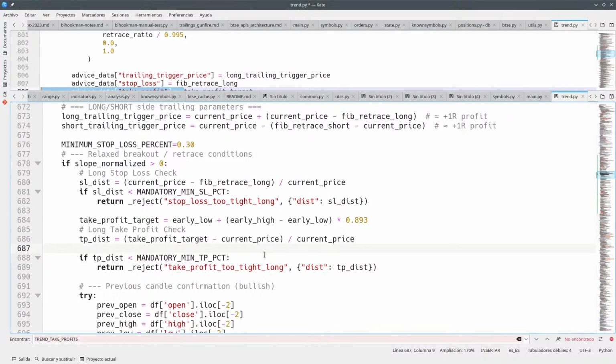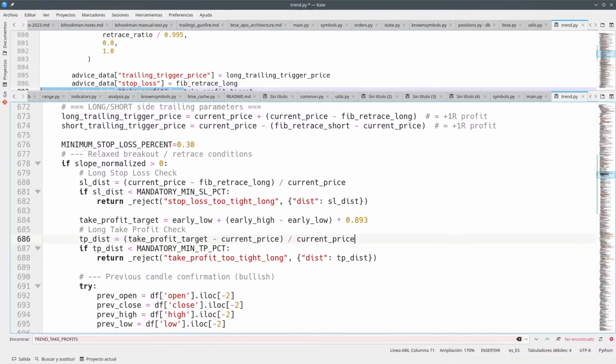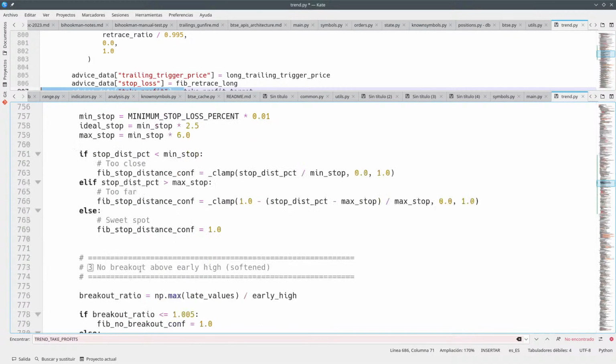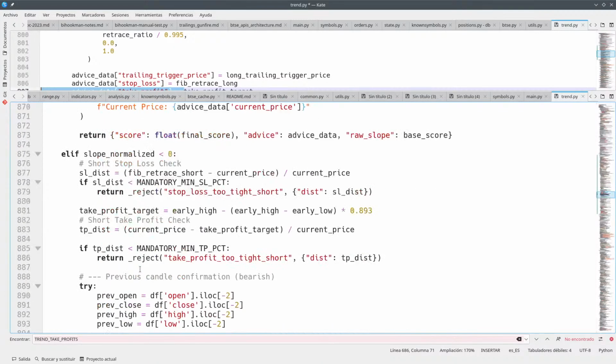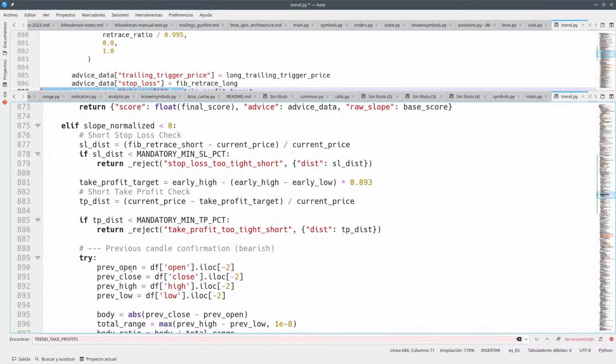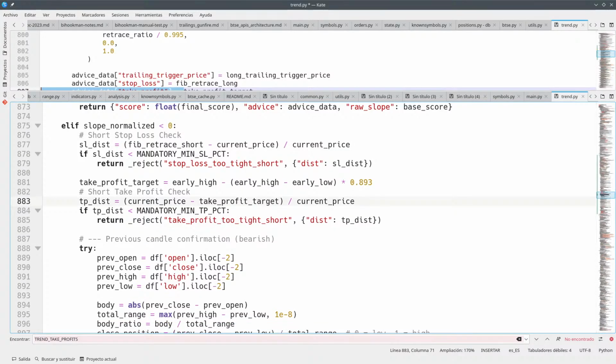Yeah. Let's put everything together. Mandatory min take profit. So once we have this, take profit too tight short.